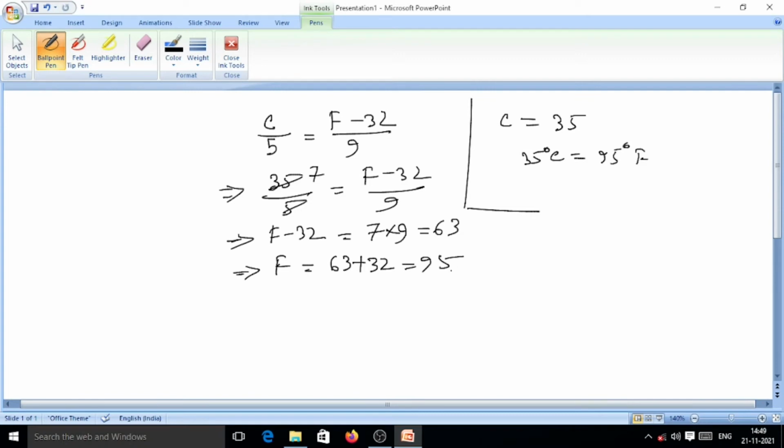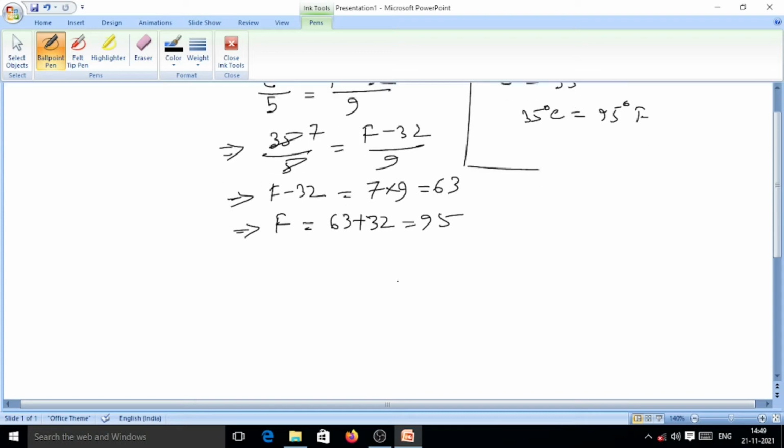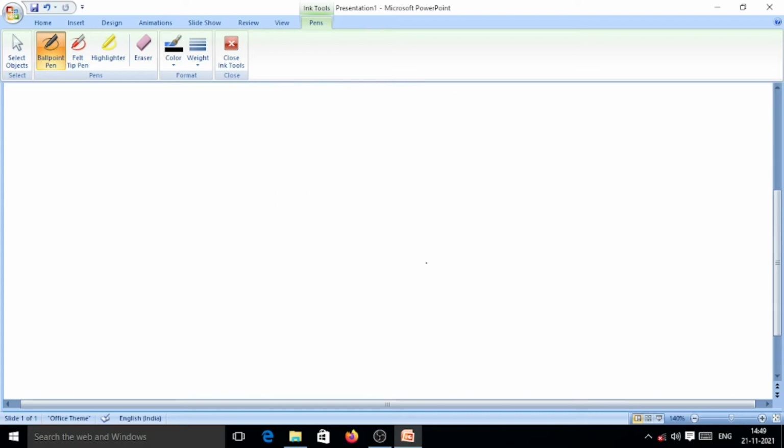So that way we have to convert it. Now another important question: at which temperature will both the Celsius and Fahrenheit scales show the same reading? For that purpose the same formula will be applied.